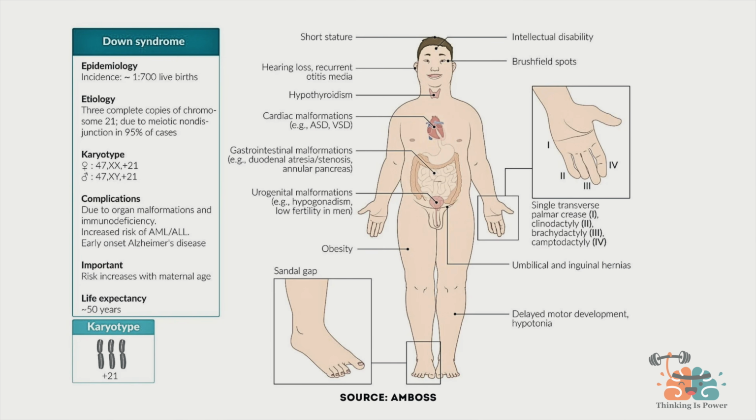It's associated with cognitive disabilities and an increased risk of health issues like heart defects and hearing and vision impairments. Trisomy 18, or Edwards syndrome, and trisomy 13, or Patau syndrome, result in severe health complications. In fact, many infants with these conditions don't survive past early childhood.